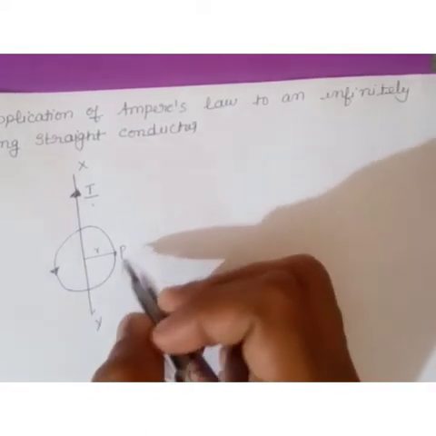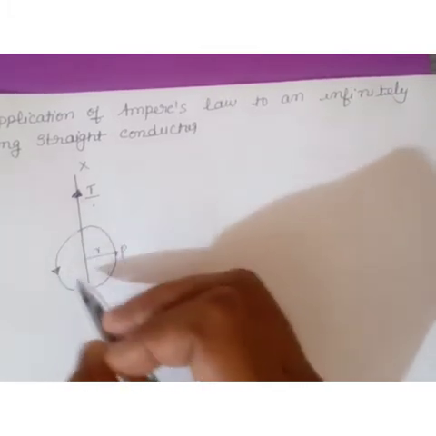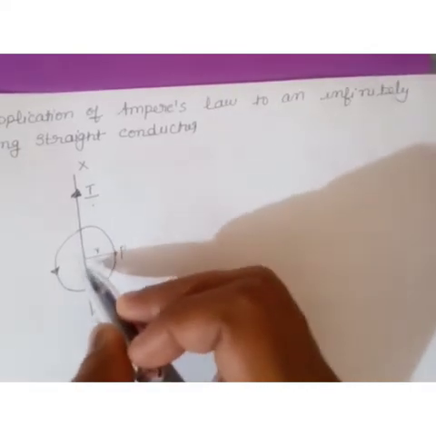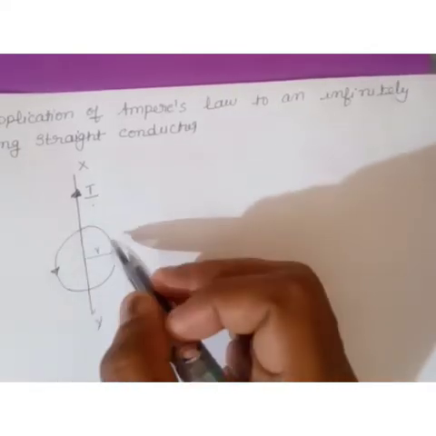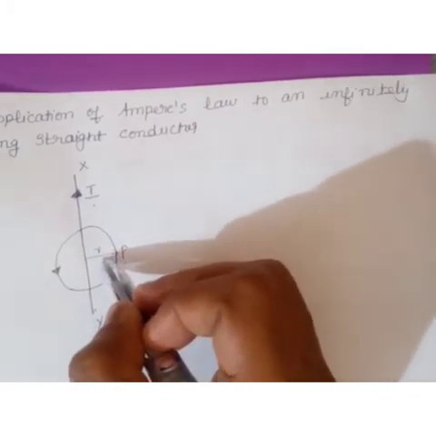In order to find the magnetic field at the point P, imagine a closed circular path with the conductor at the center. This circle is an imaginary loop, or Amperian loop, and its radius is R.